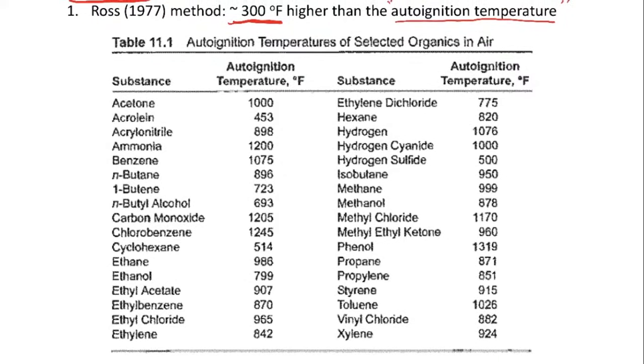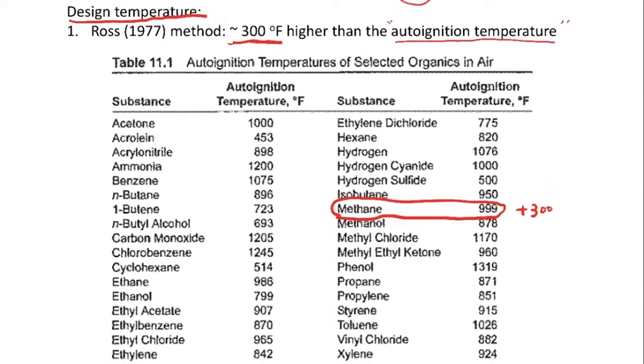The way we deal with this problem is just to refer to this table. We can find that methane is here, right? It has an auto-ignition temperature of 999, right? And then we need to add 300 Fahrenheit to this auto-ignition temperature to get the design temperature, or the thermal oxidation temperature, for the system, okay?